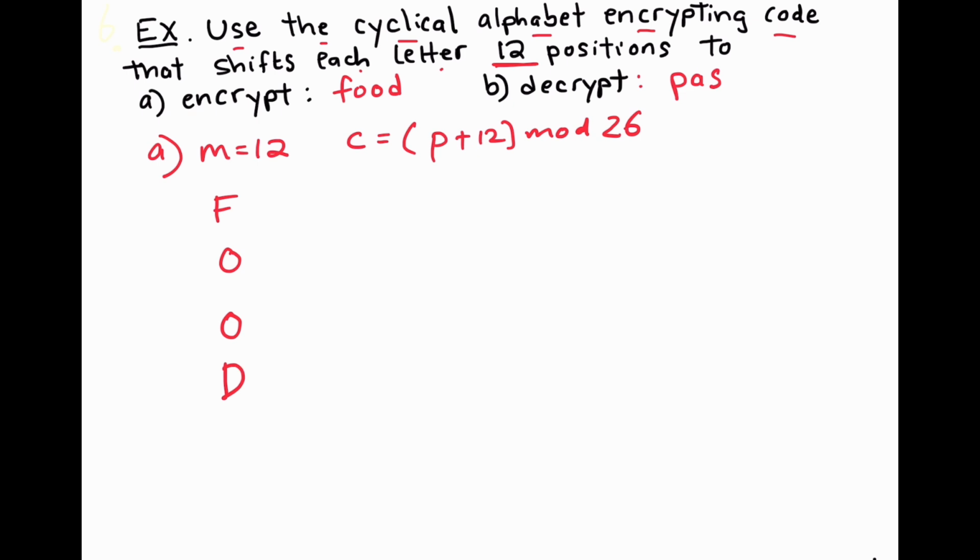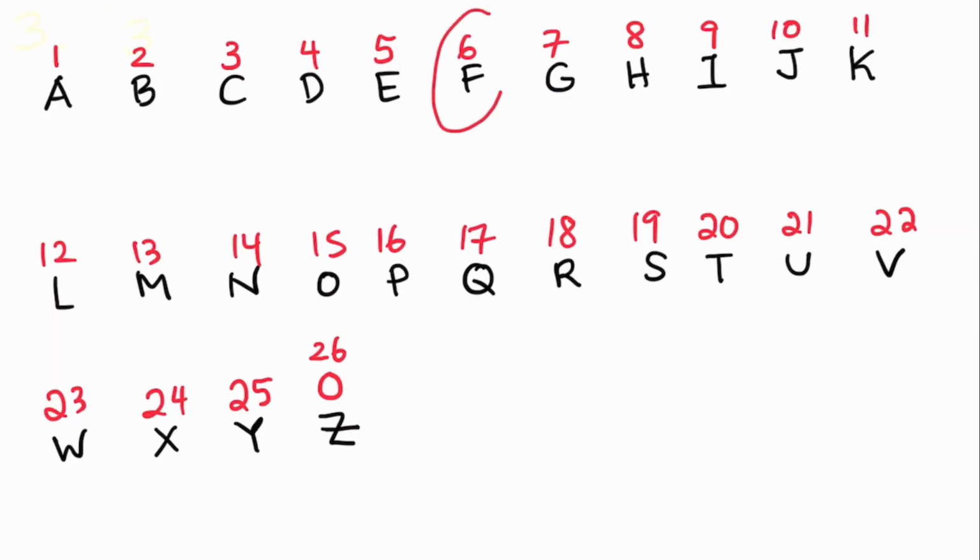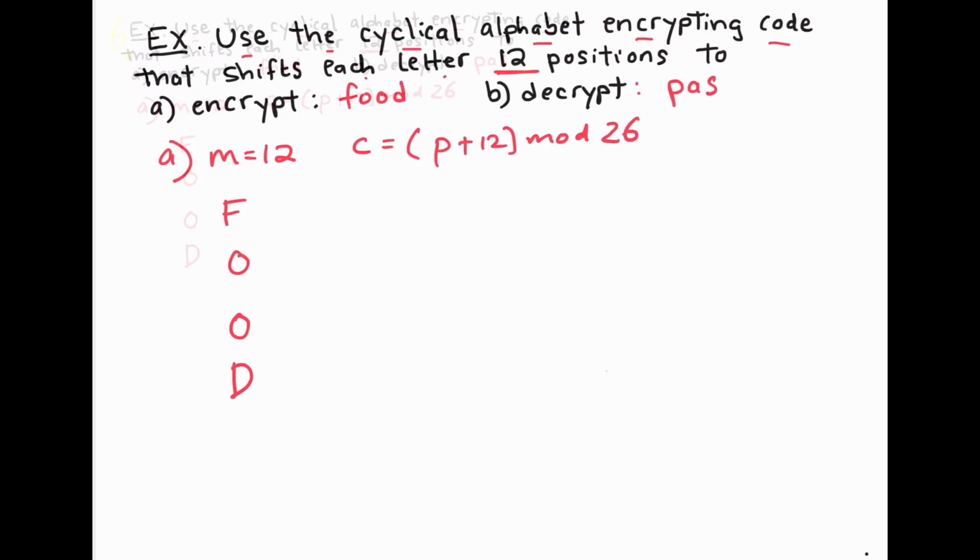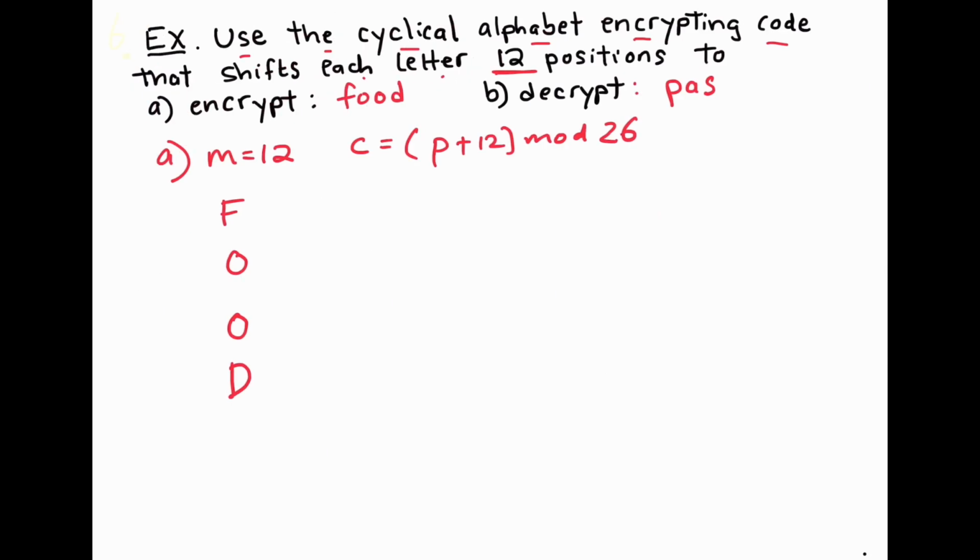And if I go back to our chart, you can see that F corresponds to P equals 6. O corresponds to P equal 15. And D corresponds to P equal 4. So using those values of 6, 15, 15, and 4, I'm going to write out this formula for each of these.